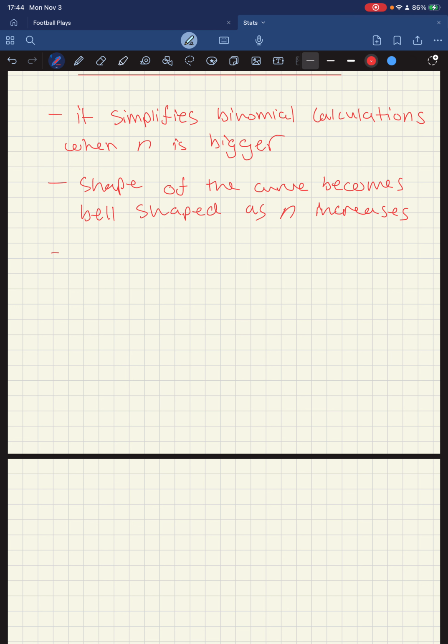And the approximation is accurate when both np and n times 1 minus p are greater than or equal to 10. Okay.